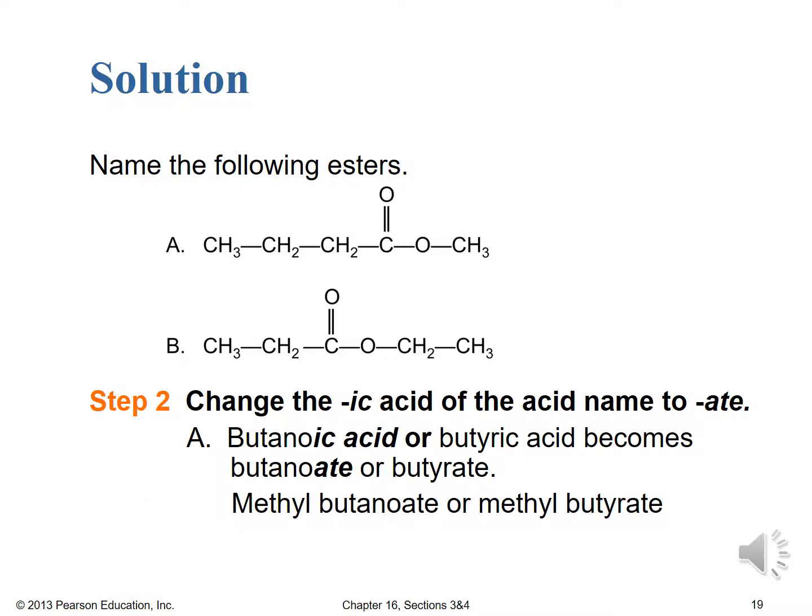Okay, if we look at part 2, we're looking for A. It's 4 carbons, including that carbonyl carbon, so we have to change that ic ending to ate. So butanoic acid or butyric acid becomes butanoate or butyrate. So we have a methyl butanoate by IUPAC, or a methyl butyrate by common naming schemes.